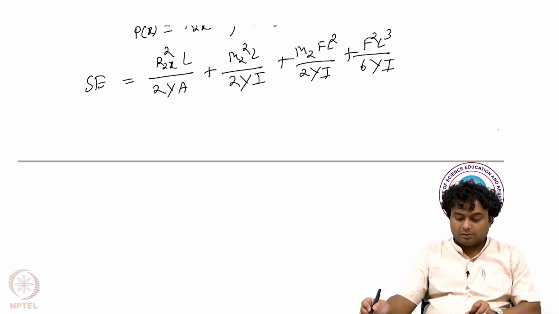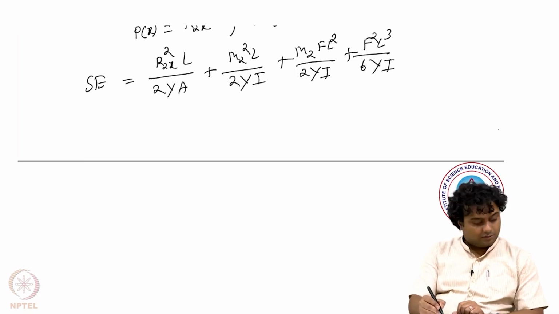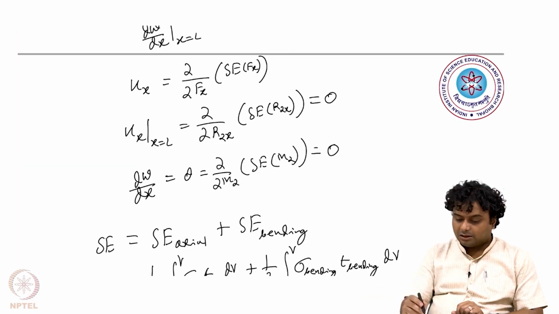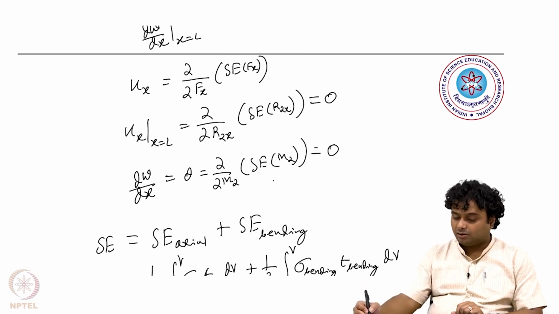Now we need to calculate the partial derivatives of strain energy. First, let's derive it with respect to R2x and M2. These are the two terms we need. If you go back, from our boundary condition and strain energy expression, we got that ux equals the partial derivative of strain energy with respect to Fx, which equals 0, and dw by dx is equal to the partial derivative with respect to M2 of strain energy, which is also 0.